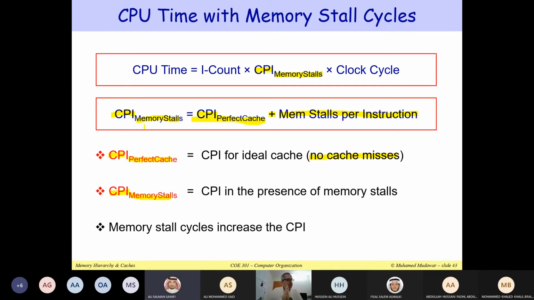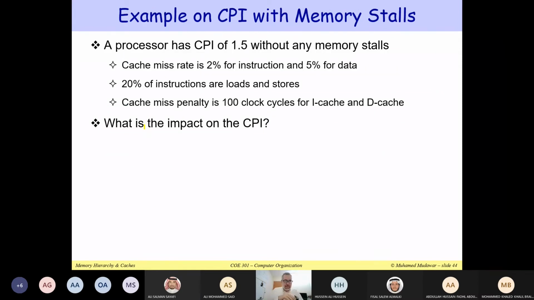I have an example about this, which is shown in this slide. Here it says that a processor has a CPI of 1.5 without any memory stall cycles. So basically, if you have a perfect cache, then this will give you a CPI of 1.5. In all our previous examples, when I talked about performance, we did not talk about caches.